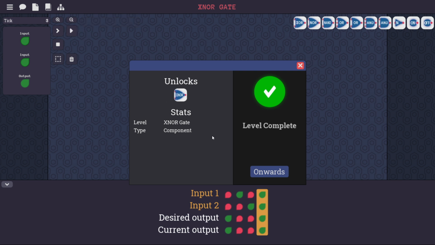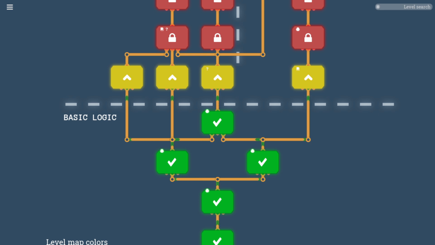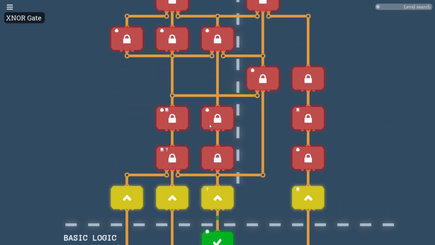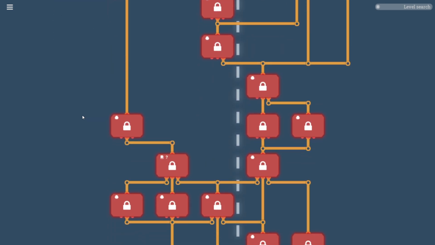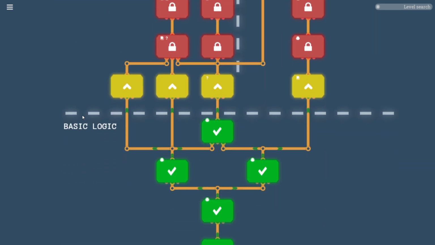And now we have an XNOR component. This other level is called, okay, let's just go ahead and cover this.